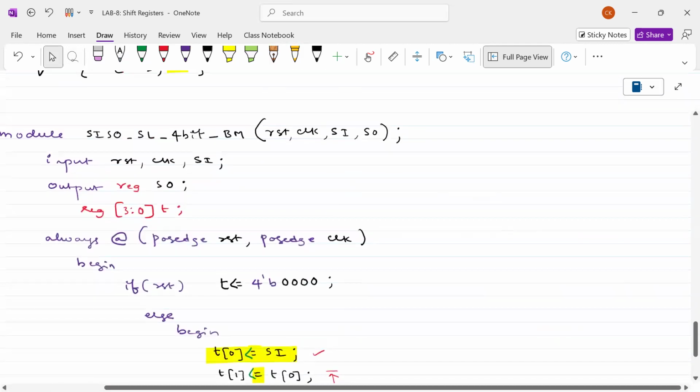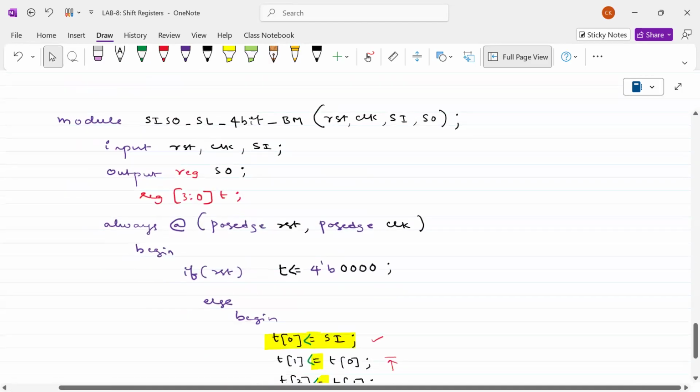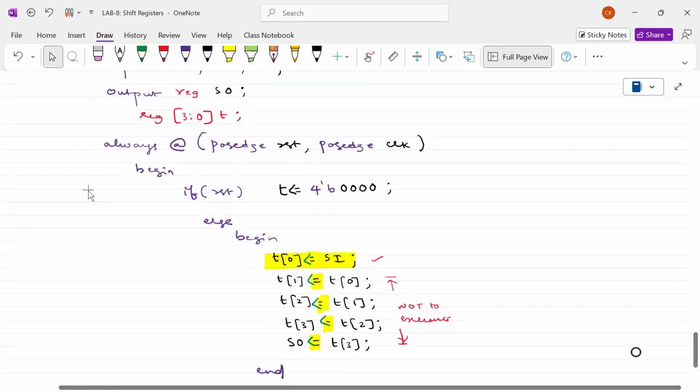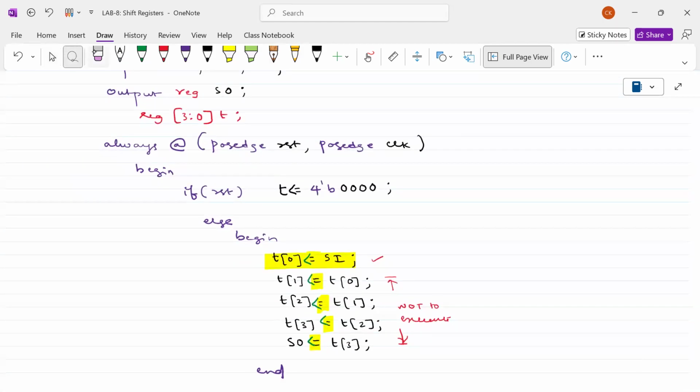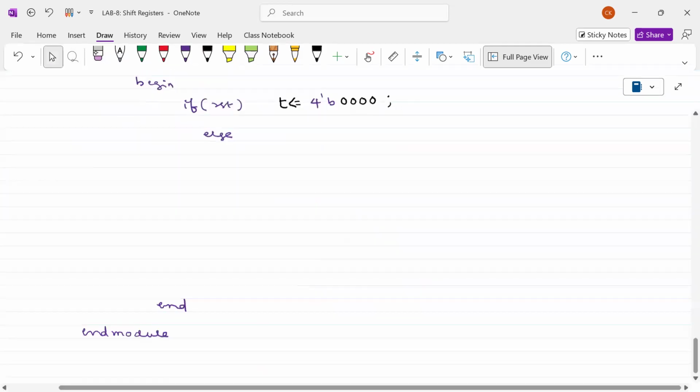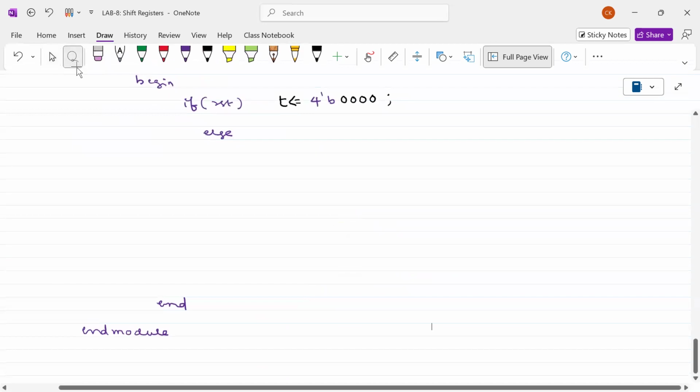What is the change here? The same program only, but t is equal to 4 bit of 0 is same. Which one we need to modify? The else block that I want to modify. Therefore, I don't want to use this much lengthy else block. I can remove this portion and write this one effectively.